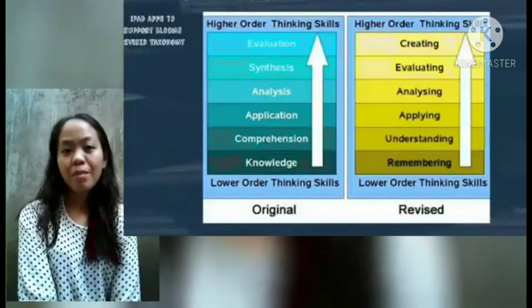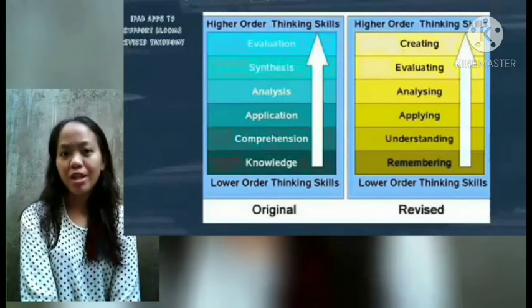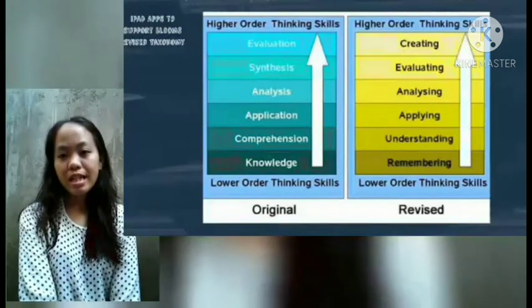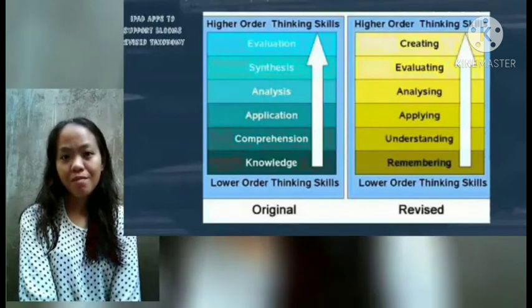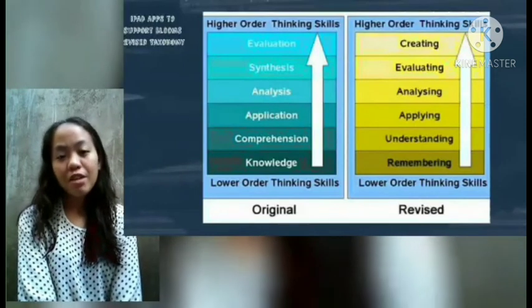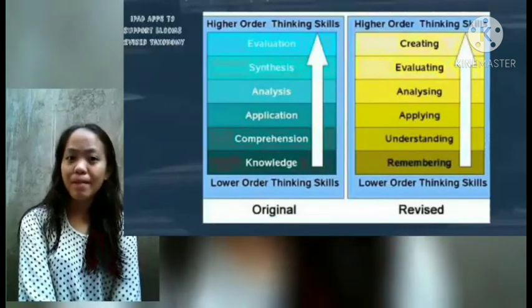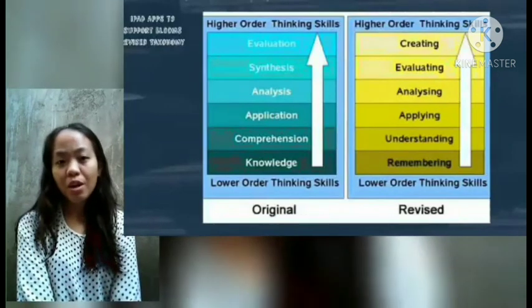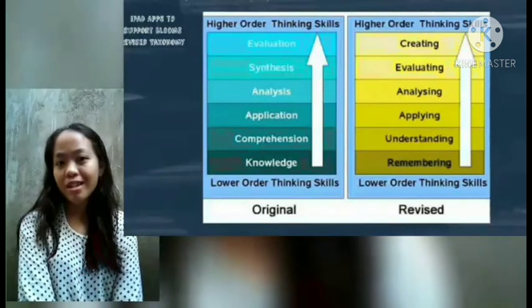The third is applying, using information or skill in a new situation. Fourth is analyzing, which means to determine. Fifth, evaluating, which means to make judgments. And the last one, the 6th one, is creating, which means to organize.